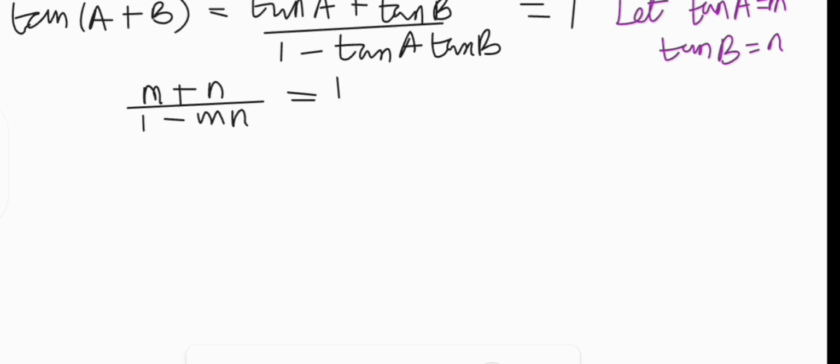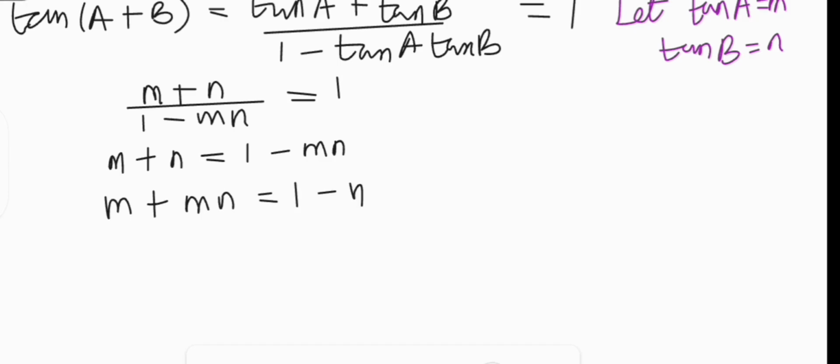We will continue to simplify this first by taking the cross product, where the sum of M and N will be equal to 1 minus MN. Then we're going to add MN to both sides and subtract N from both sides, such that we have M plus MN on the left and 1 minus N on the right.